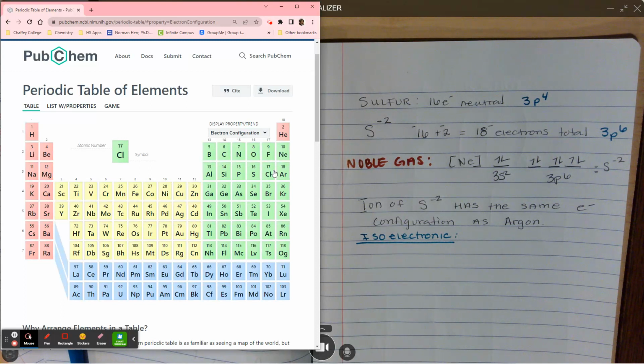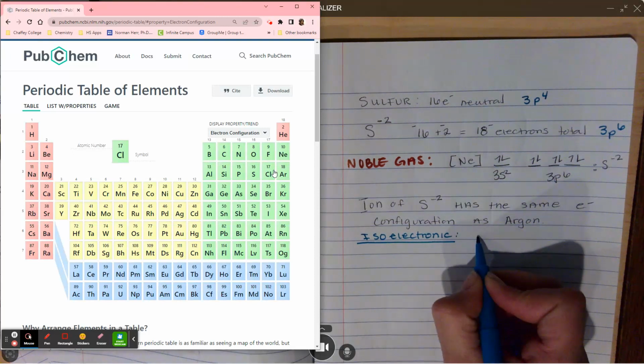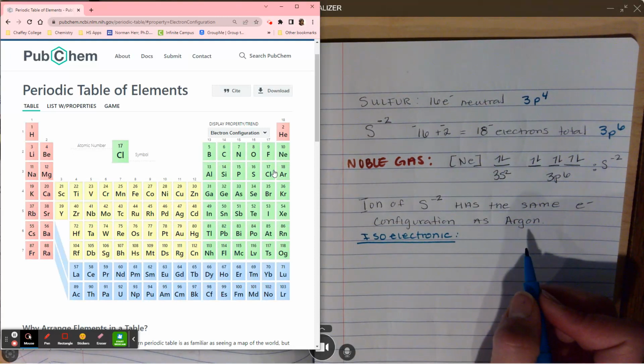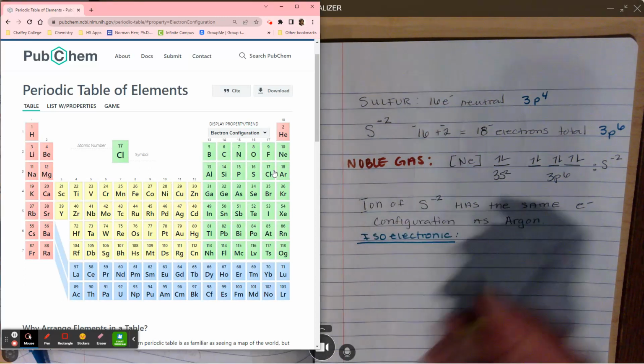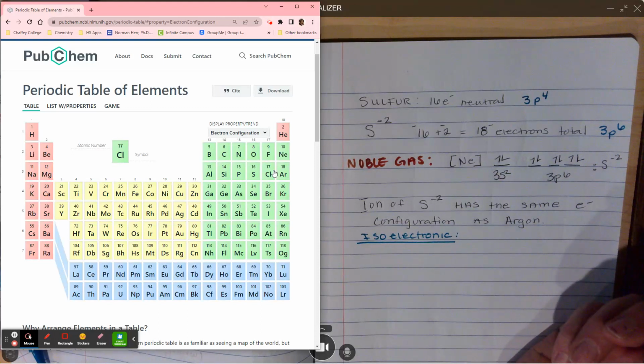Isoelectronic means they're going to start behaving the same electronically. So sulfur is now going to behave more like the inert argon; it's not going to want to move. The definition is that it's an atom with the same electron configuration as another atom, and the way you get there is through ions.